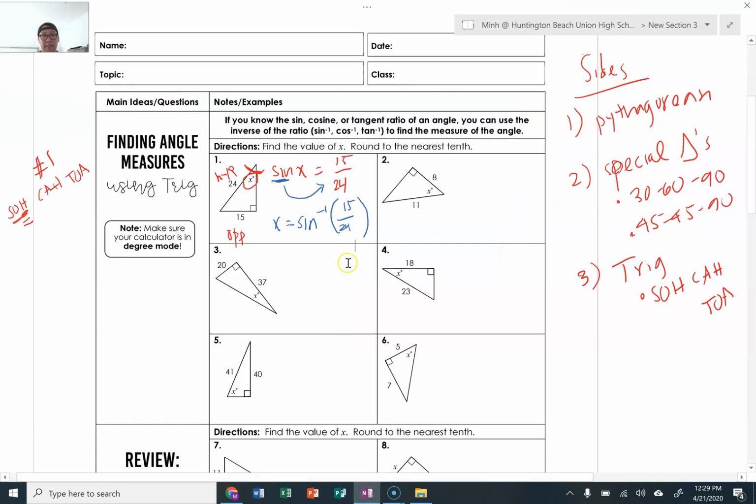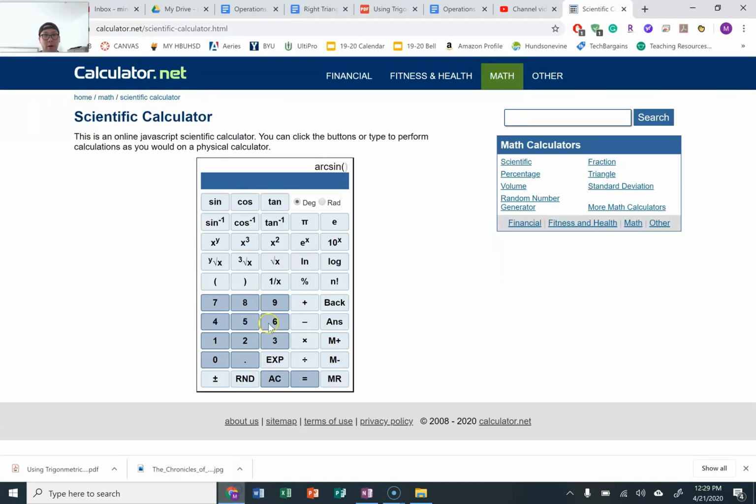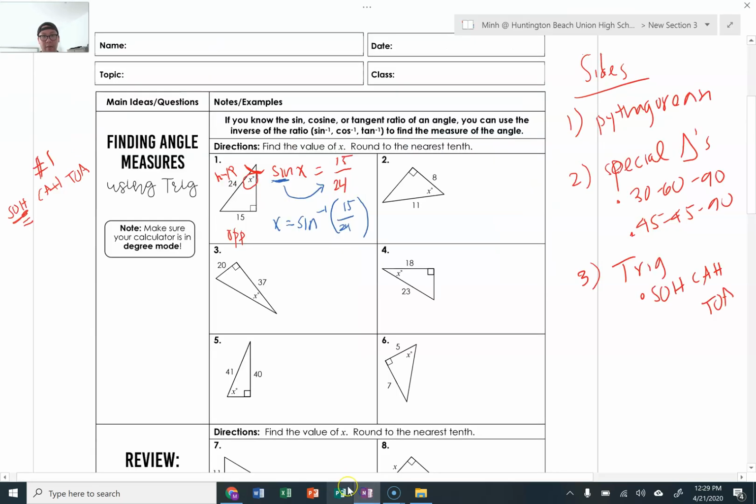Going back over here, it says 15 over 24, so arc sine 15 divided by 24, and I'm going to close it. Notice that my angle is read to 1 decimal place as 38.7 degrees. Since we're only going 1 decimal place, it'll be 38.7. So my final answer, X is equal to 38.7 degrees.